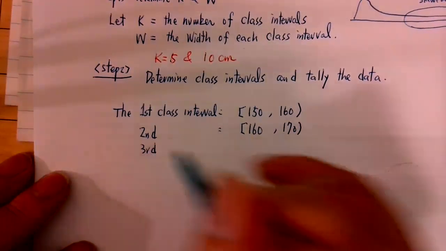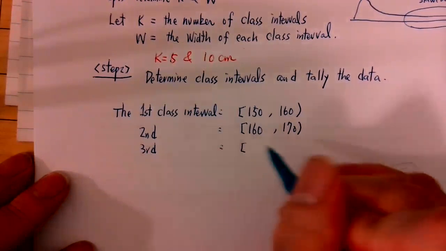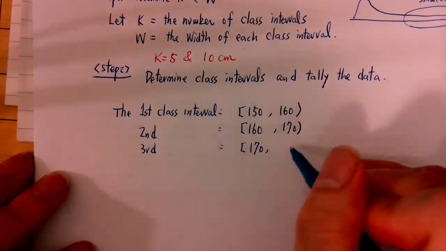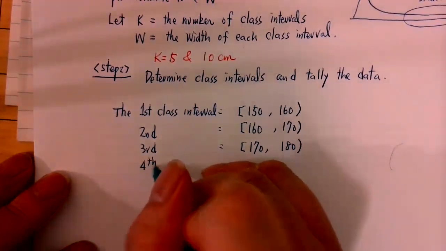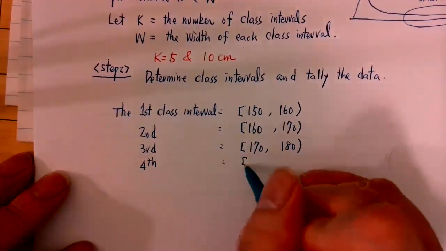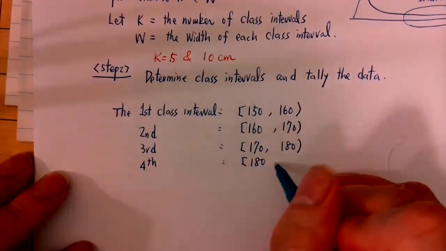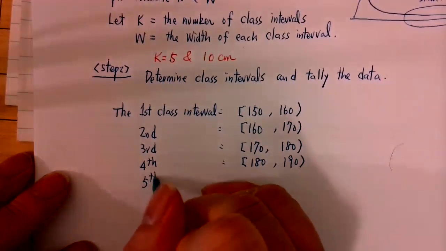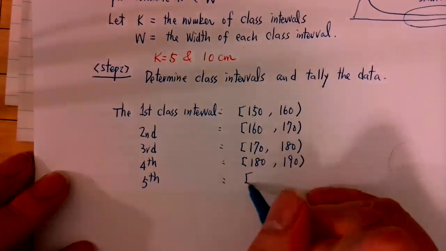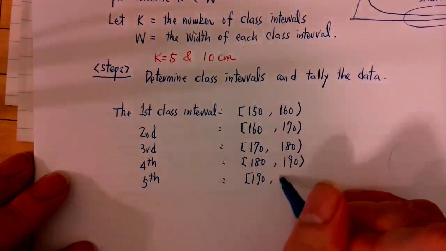The third class interval, from 170 to 180. The fourth class interval, from 180 to 190. The fifth class interval from 190 to 200.